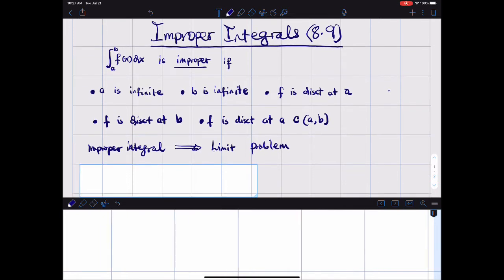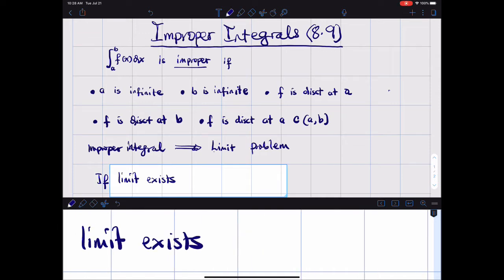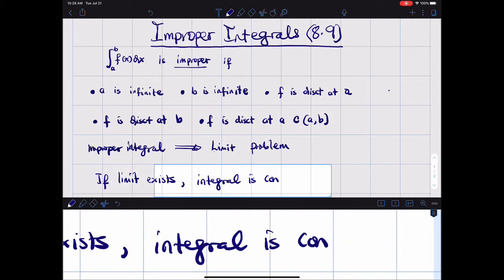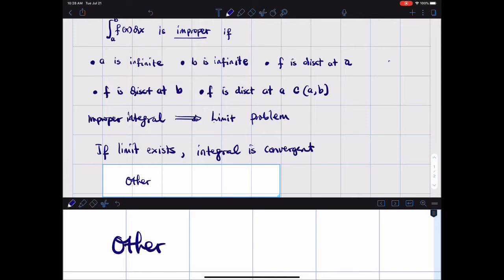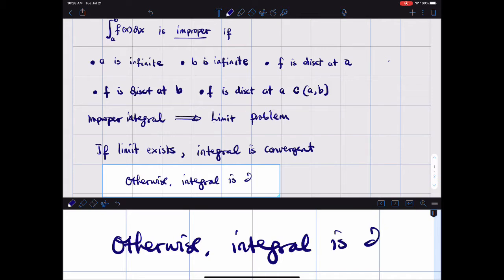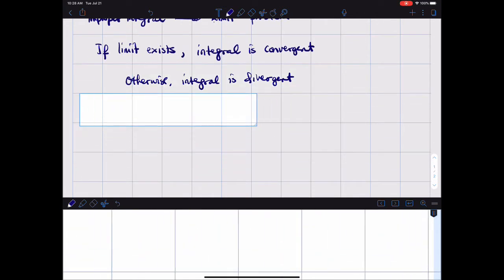Now, if the limit exists, the improper integral is convergent. Otherwise, the integral is divergent. All right, let's do some problems.